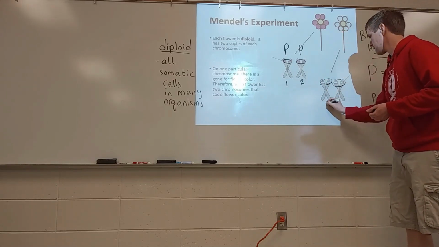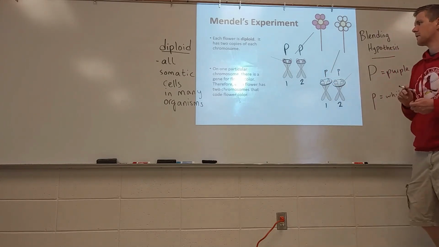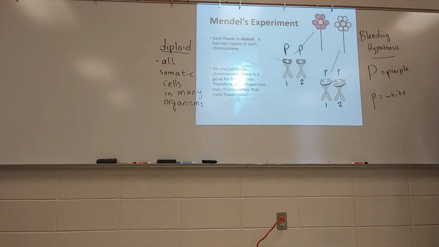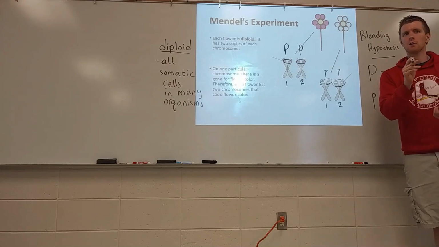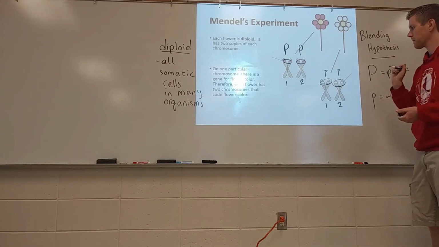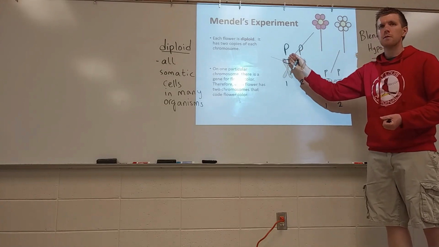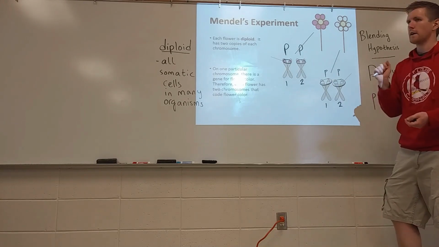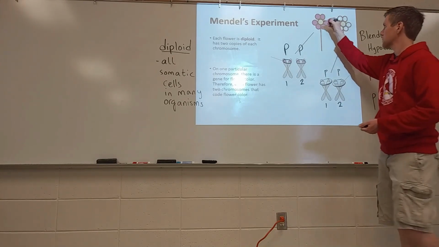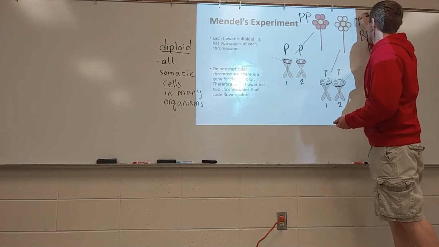Our white pea plant has two copies of the lowercase p, the white color allele. You haven't heard that word yet. The white color gene. So we've got purple plant, two copies of the purple gene. White flower, white plant, two copies of the white color gene. Big P, little p, little p.